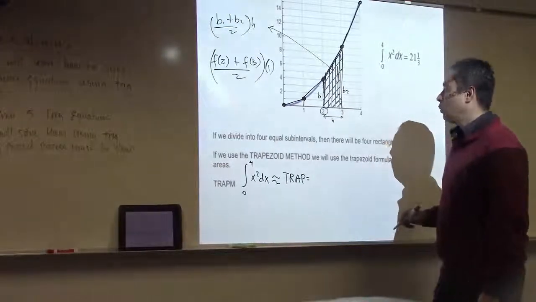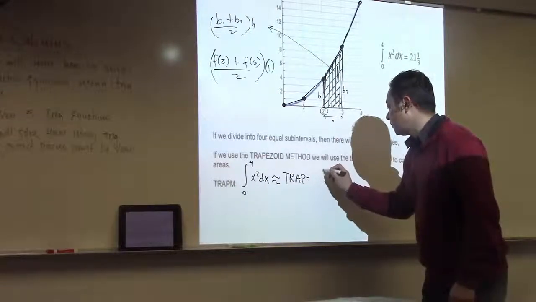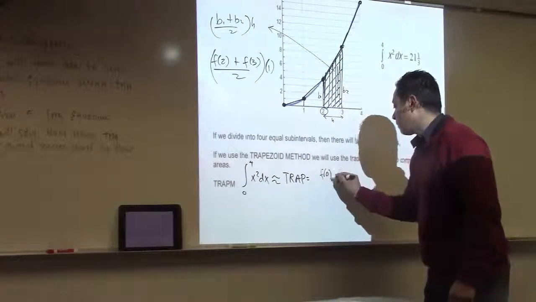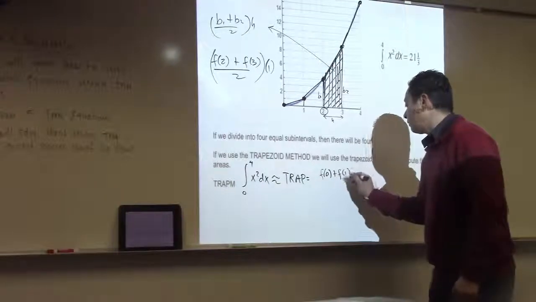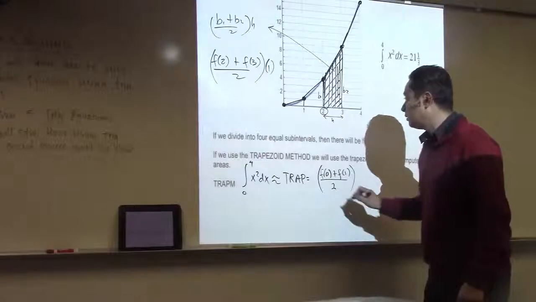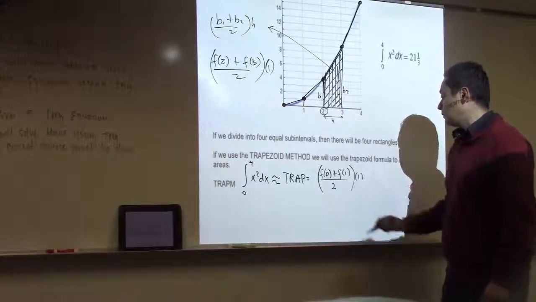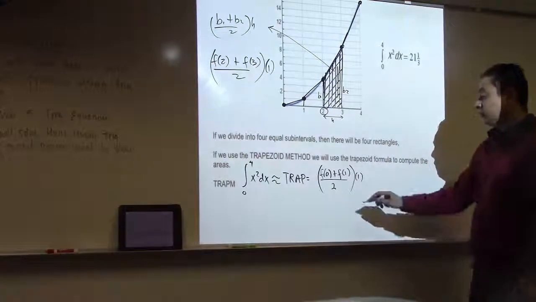So what's the height of the first dot? Well, that's F of 0 plus F of 1. You cut that in half times the height. The height is the width, which is a 1. That's the first one.